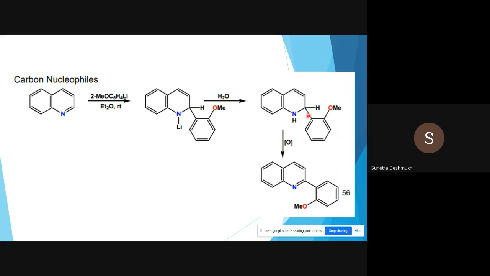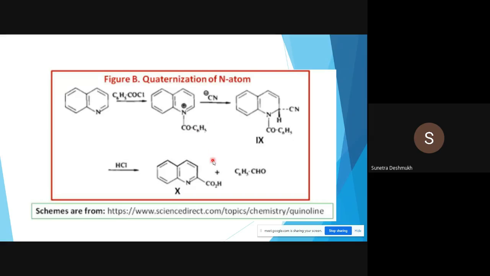Once these two hydrogens are eliminated, we can regain the aromaticity of the quinoline. This is the carbon nucleophile and how we have to do the reaction. How the electrophilic substitution reactions are different from the nucleophilic ones, that I wanted to show with the help of these slides.